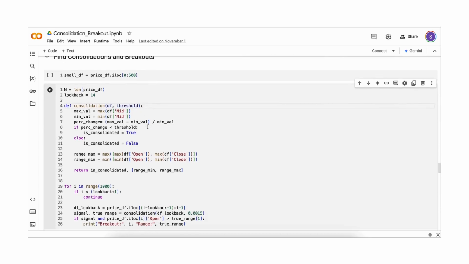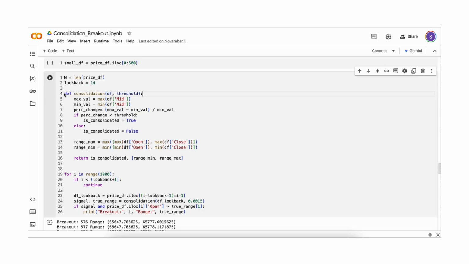So in the consolidation function, we pass two arguments, which are the data frame itself and the threshold.